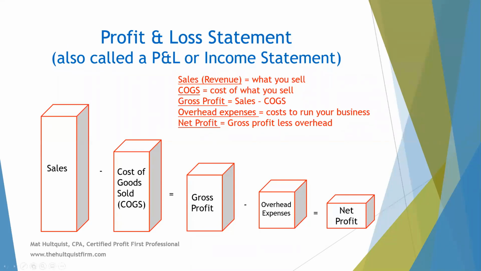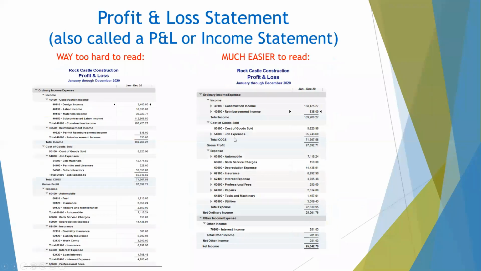All right, so if we look at a profit and loss statement, these are from QuickBooks. I pulled these up because a lot of people use QuickBooks, and I want to show you how to really look at this in your QuickBooks file. Okay, so on the left, we have a profit and loss statement that we pull up in QuickBooks, and it's for January through December 2020. Okay, so that is a one-year time period.